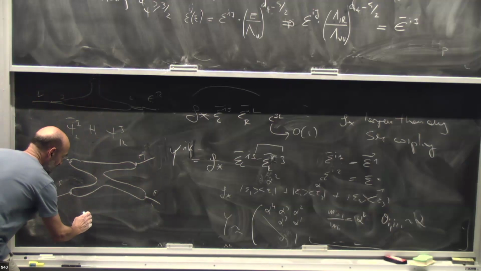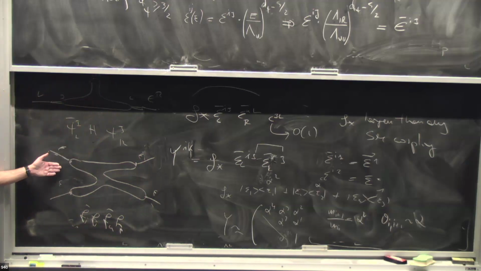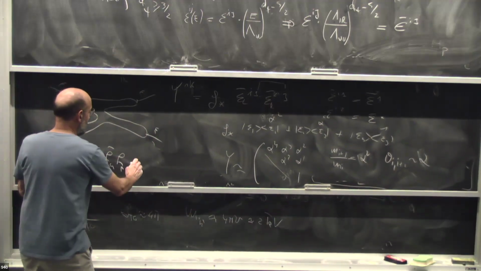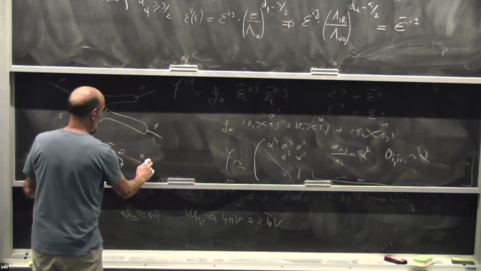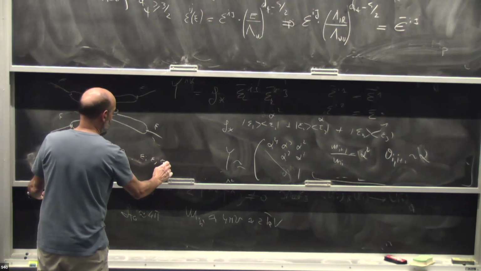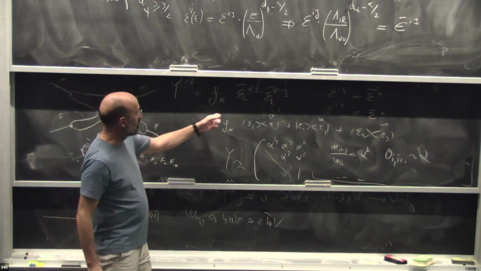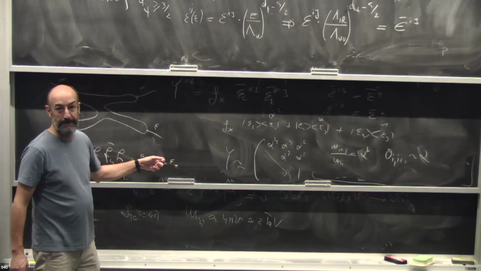This generates a 4-fermion interaction among standard model fermions, F bar F, F bar F, with indices I, J, K, L, and this goes like epsilon I, epsilon J, epsilon K, epsilon L. Remember, the Yukawas go linearly with the epsilons, so this goes like a Yukawa squared.